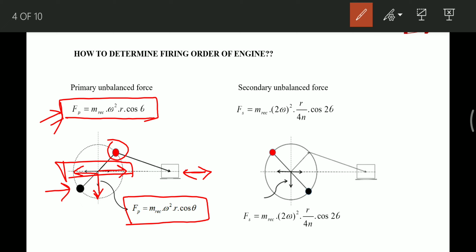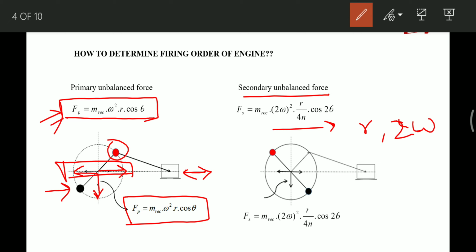Similarly, if we see the secondary unbalanced force, it represents a system with a crank having a radius r by 4n, rotating at 2 omega angular velocity.